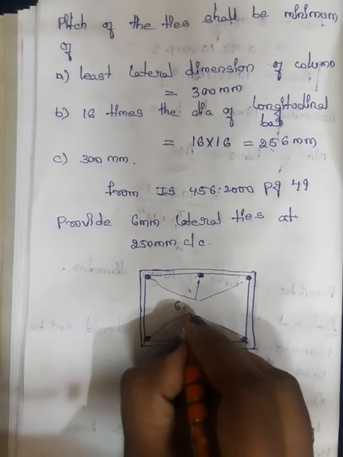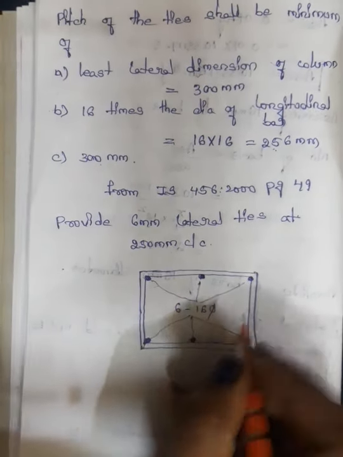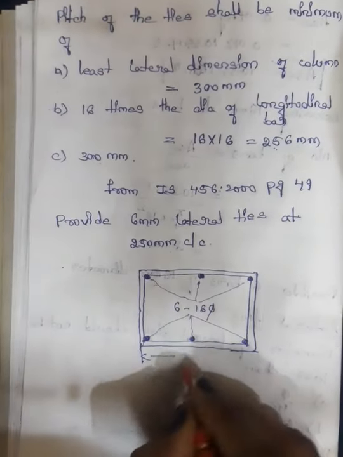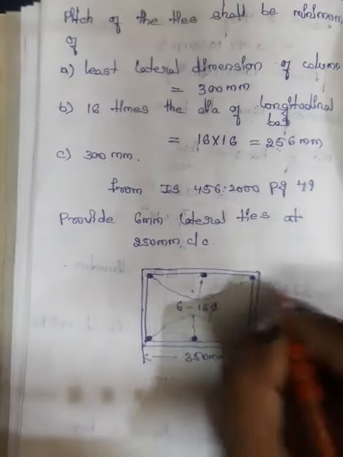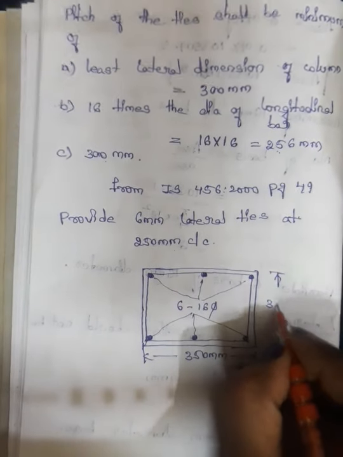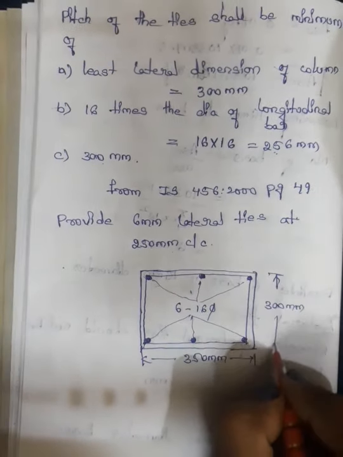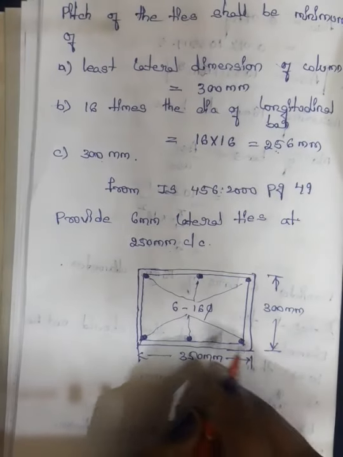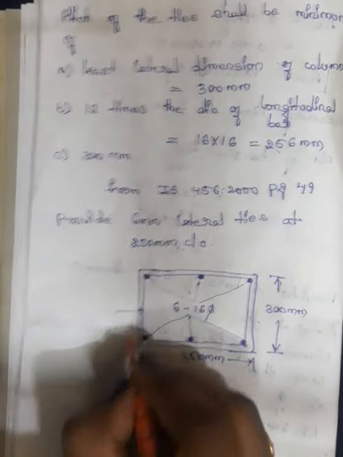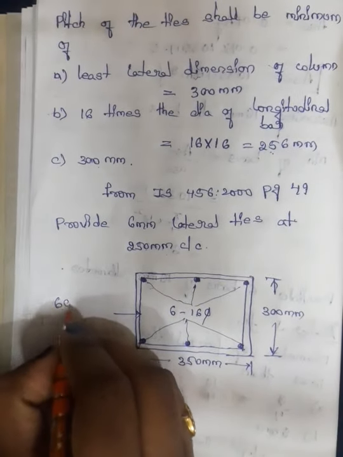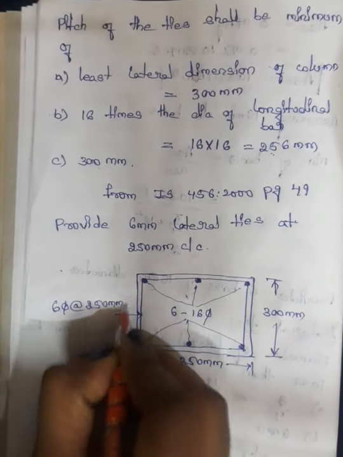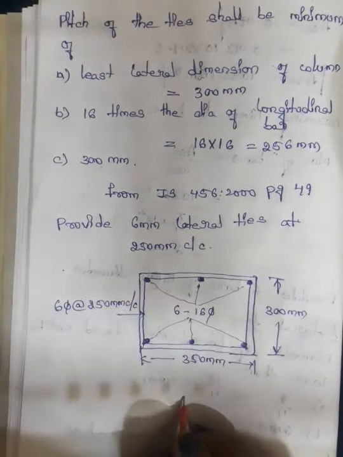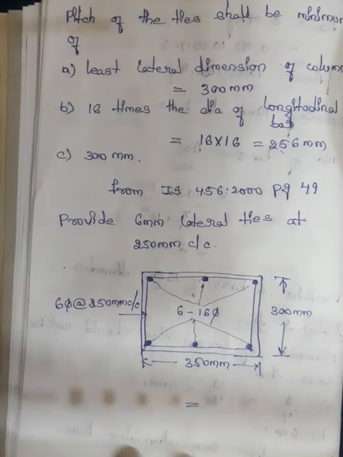So 6 bars, 16 dia. And what are the dimensions? It is 350 mm, 300 mm. And lateral ties? So 6 dia at 250 mm center to center. So which means we are done with the problem.